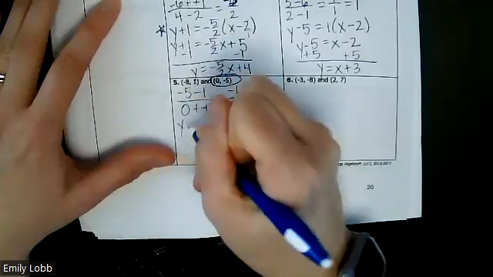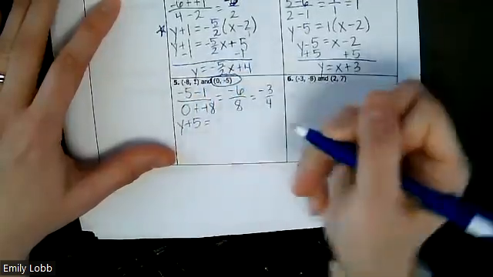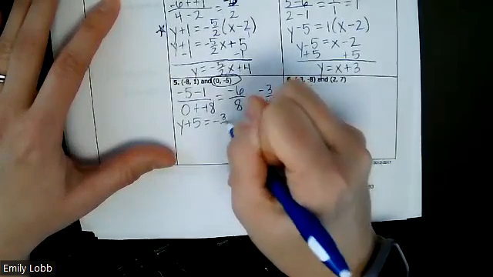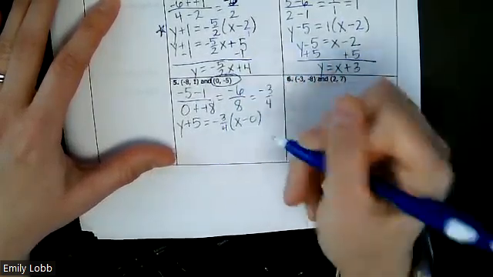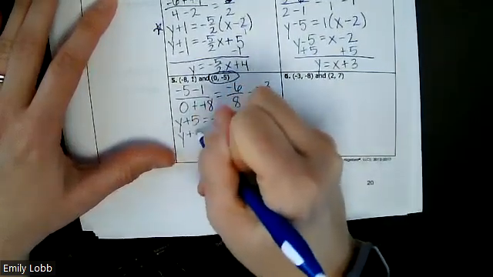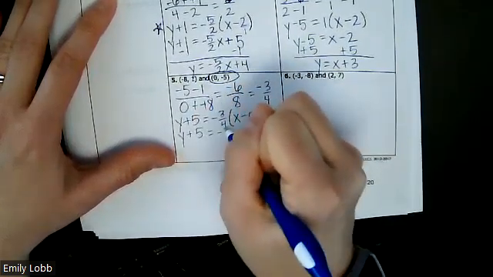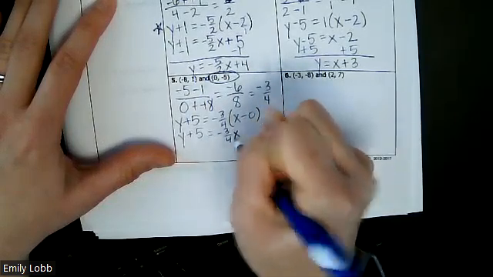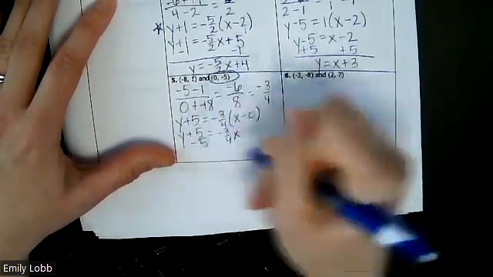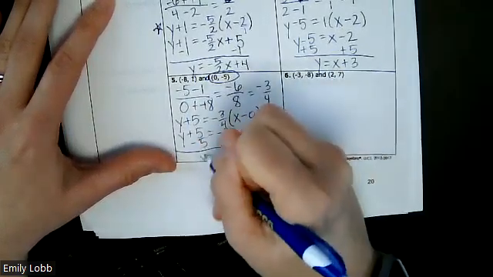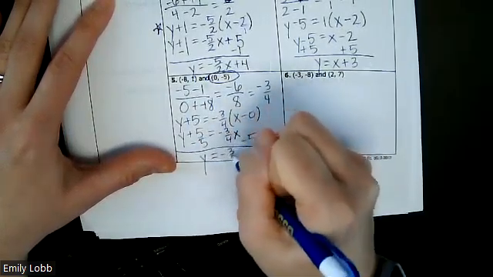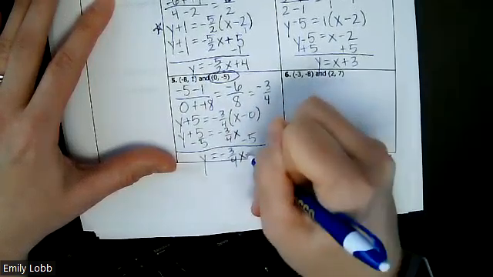So y plus 5 is equal to my slope times the quantity of x minus 0. So really it's just y plus 5 equals negative 3/4 x. And then if we subtract 5, our y-intercept is negative 5. So y equals negative 3/4 x minus 5.